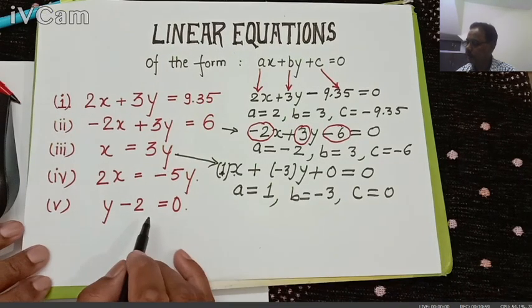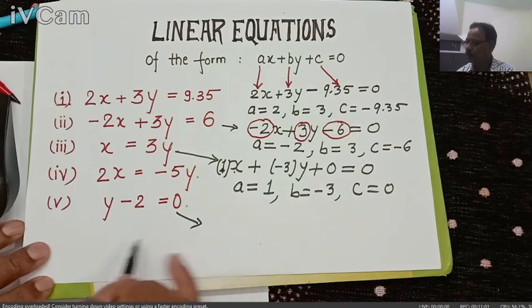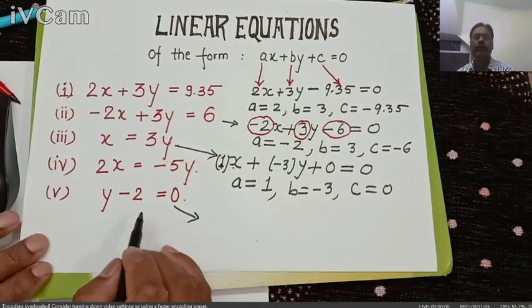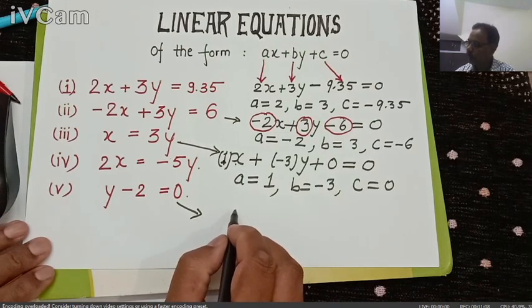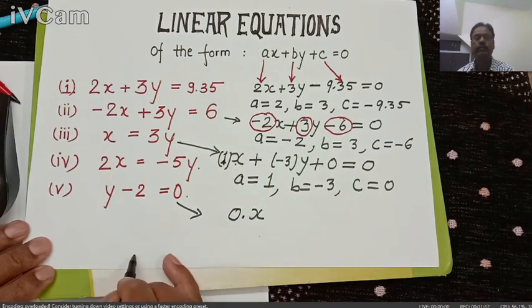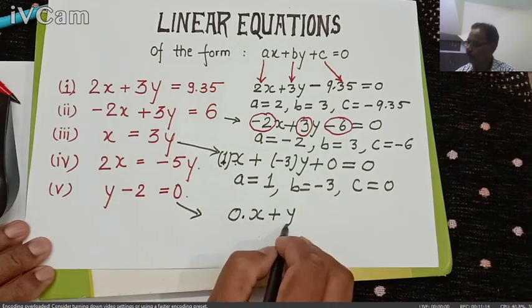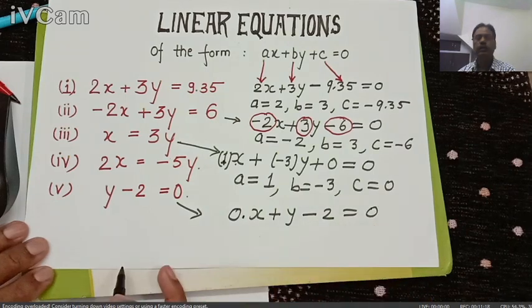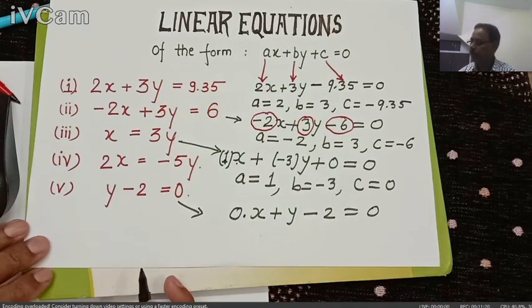Now let us write the last equation in this form: y minus 2. It is not having the variable x. So in that case we shall write 0 into x plus y minus 2 equal to 0. Now write the values of a, b and c.